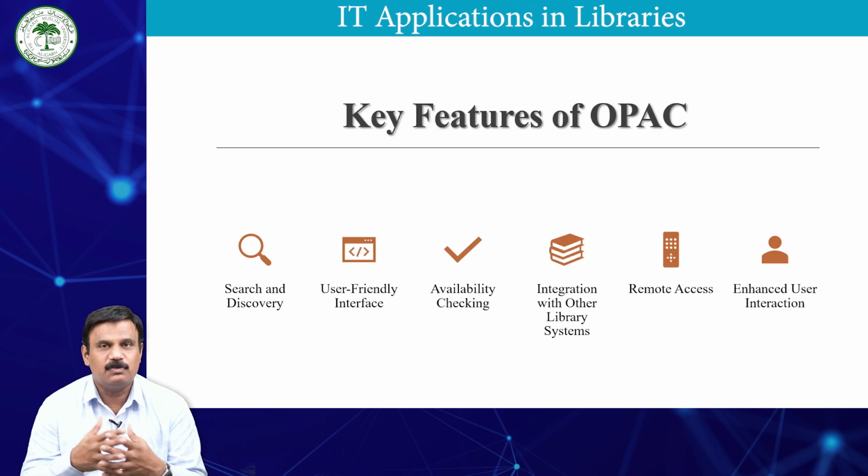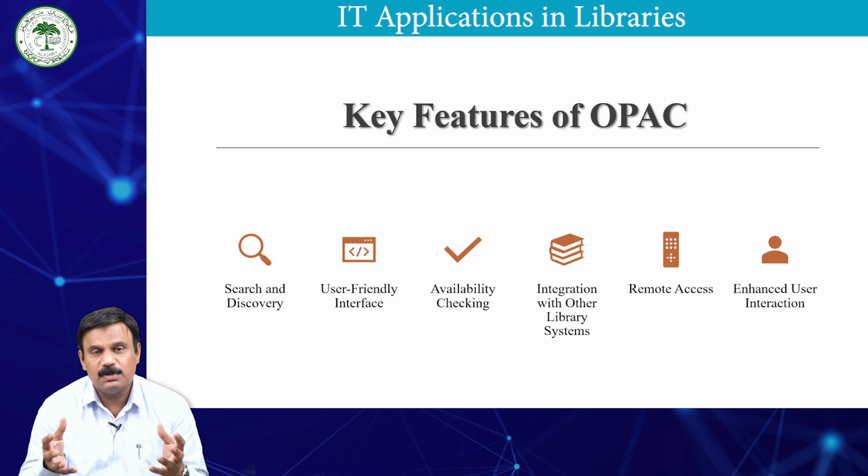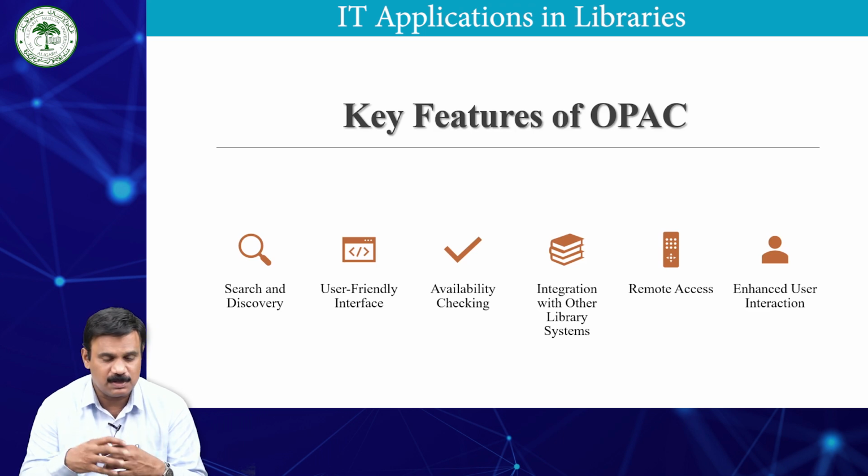The key features of OPAC, as we all know: search and discovery is one of the major features of OPAC. You can easily search and discover the resources. And it has a user-friendly interface. In many software companies, we can find a user-friendly interface given in the acquisition as well as the catalog and other modules.